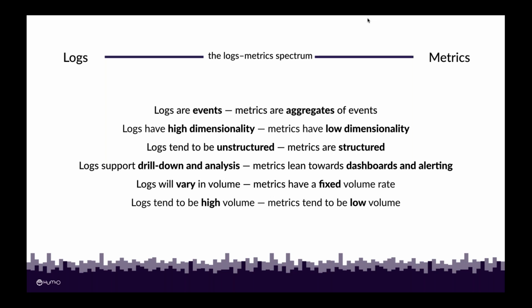Logs will vary in volume, while metrics have a fixed volume rate, and logs tend to be high volume, while metrics tend to be low volume. And when I'm saying logs here, I mostly mean debug logs or application logging. So these are the overall characteristics. It's not black and white, but it sets up the framework.